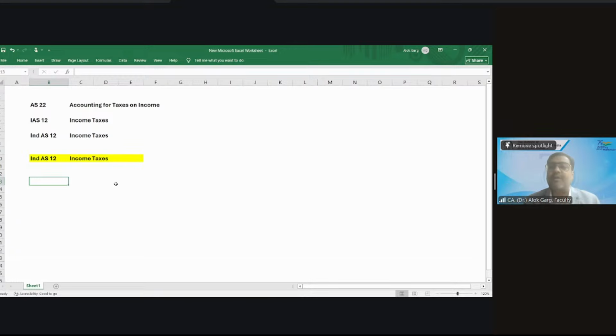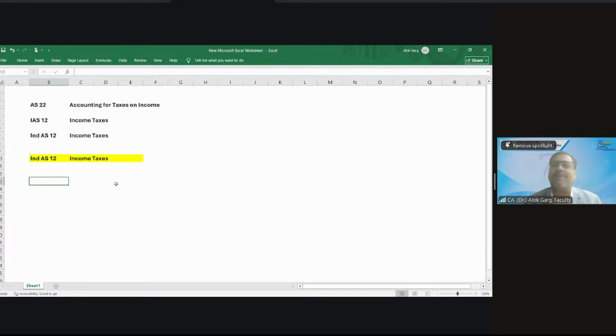So when a question comes in the exam relating to Ind AS 12, for example, if the question says that this expense is disallowed under income tax, and since you already have read DT and IDT, you might know that as per the provisions of income tax, that expense is allowable. So don't take your own assumption. It's an accounting paper, it's not an income tax paper, right?